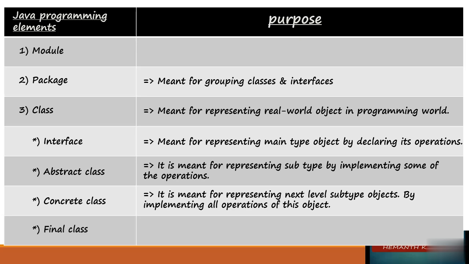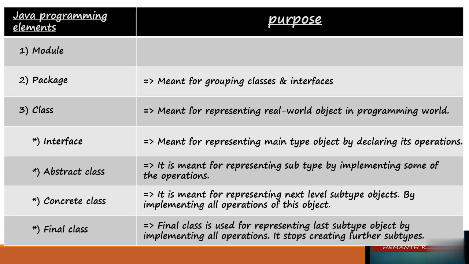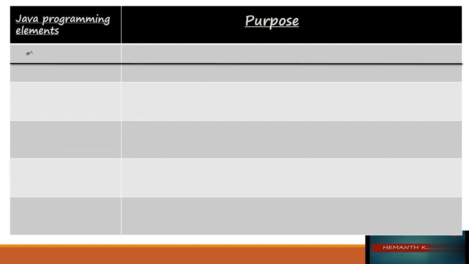Next we have final class. Final class is used for representing the last subtype object by implementing all operations. It stops creating further subclasses. Final class is the ending class. And we have enum. Enum is meant for declaring named constants.